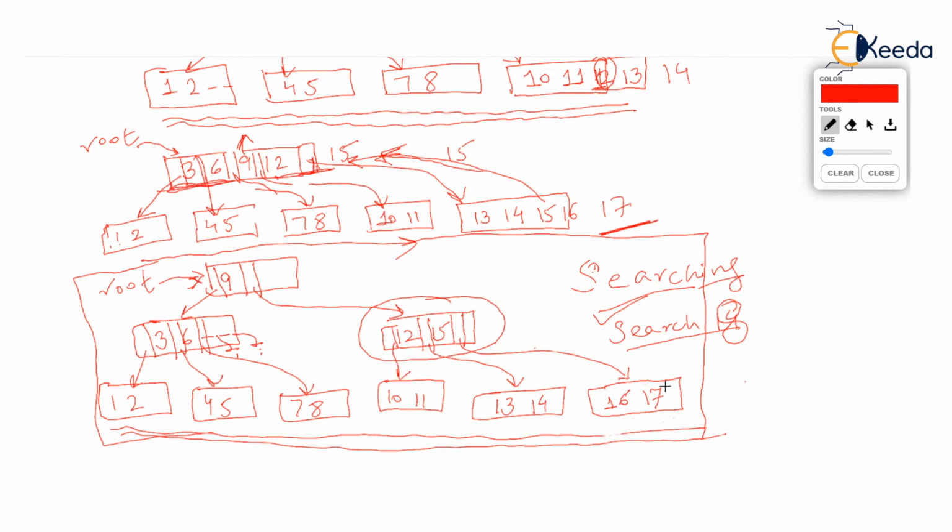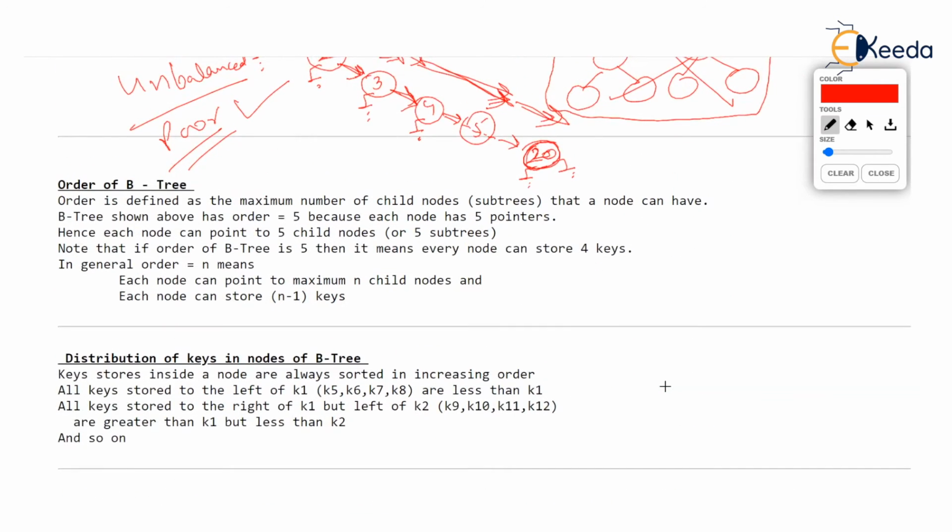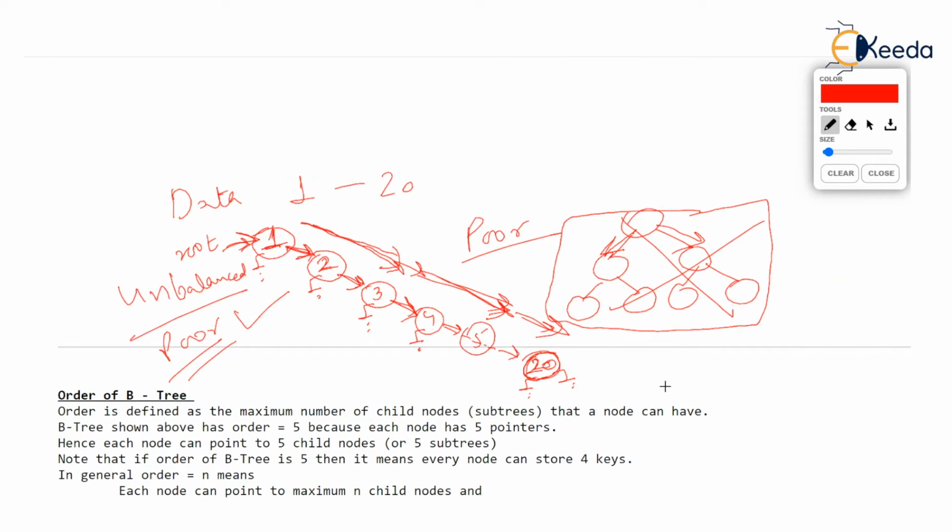Observe the B tree which you are looking at, it is very fat. It is growing wider and wider, rather than deeper and deeper. Whereas the binary tree which we have drawn for 1 to 20 is thin and tall, isn't it? We don't want a tall data structure. We want a fat data structure and a shallow one, a shorter one.